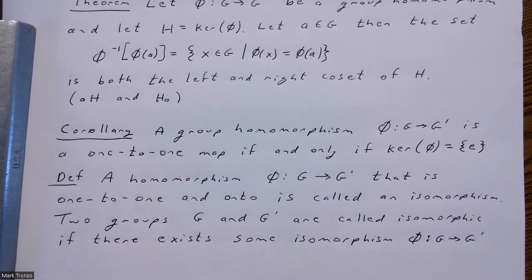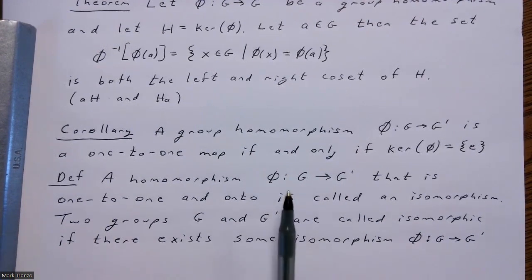So of all the things said here, I suppose the most important thing is just to understand this definition. If you have a homomorphism from one group to another, and it's one-to-one and onto, then it's called an isomorphism.